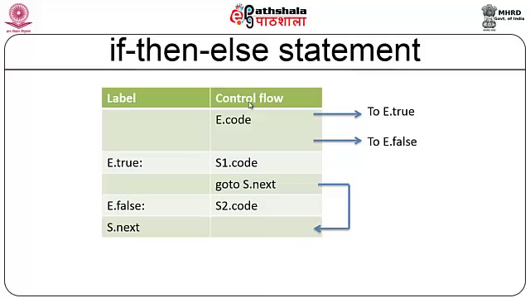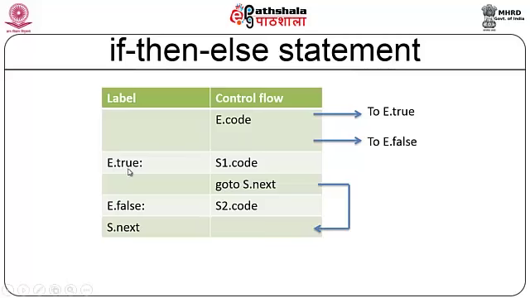Again, after evaluating S1, I should skip S2, that is the body of S2 should be skipped, and you have to go to the next statement corresponding to the LHS statement of the grammar. Now, to help do that, you evaluate E dot code, and that could be true or false. This is exactly similar to the previous situation itself.